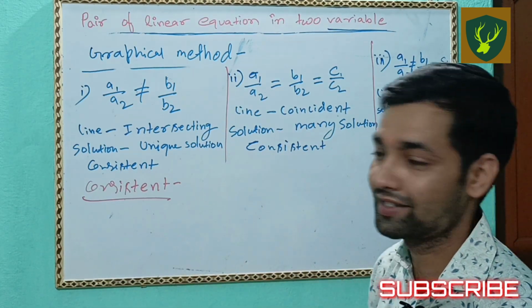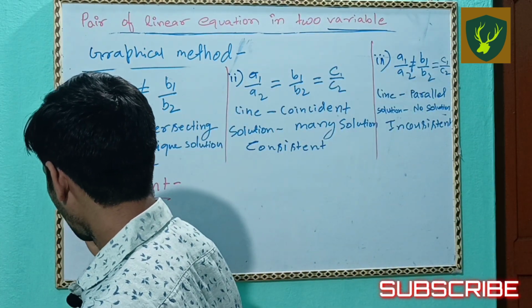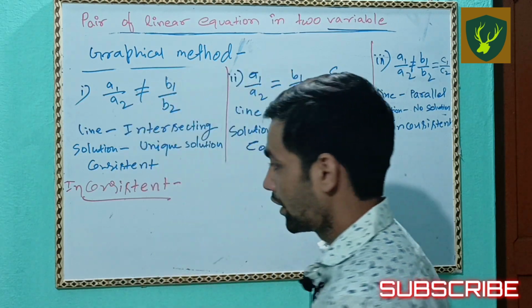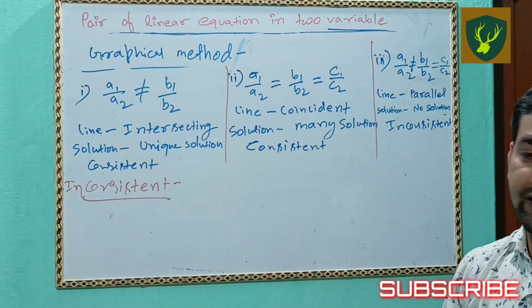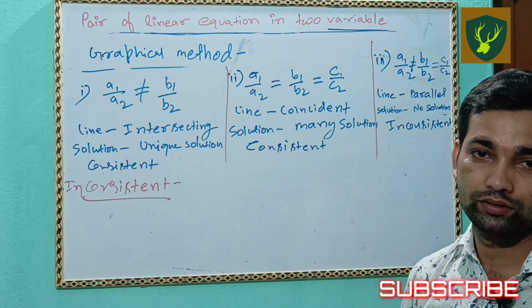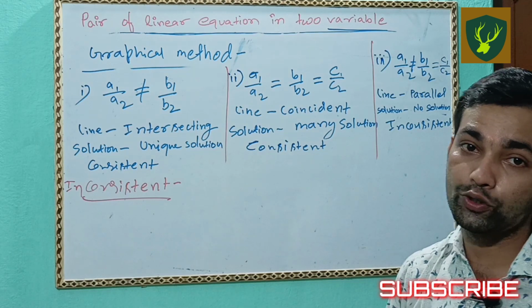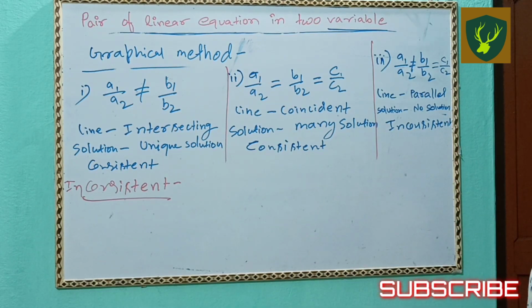And the opposite of this will be inconsistent. What is inconsistent? If it does not carry a solution, if it doesn't have any solution of x or y, then it will be inconsistent.